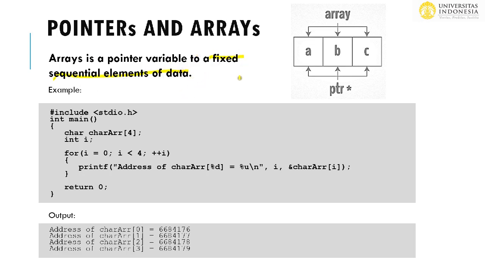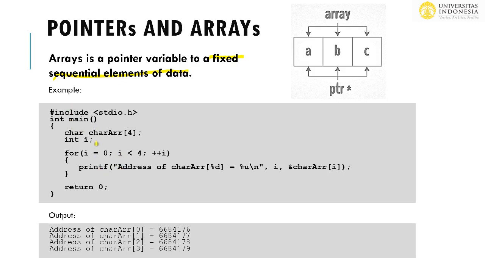Meaning, once you declare an array, you cannot change the size of the array. You cannot use it dynamically according to your number of data, and it is quite limited to a fixed or certain number of data.